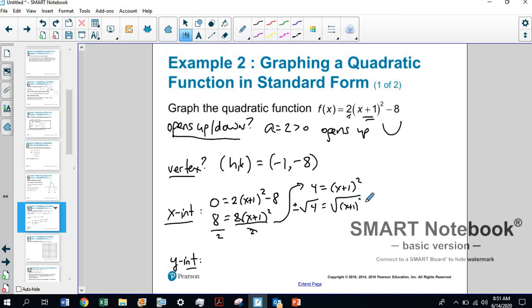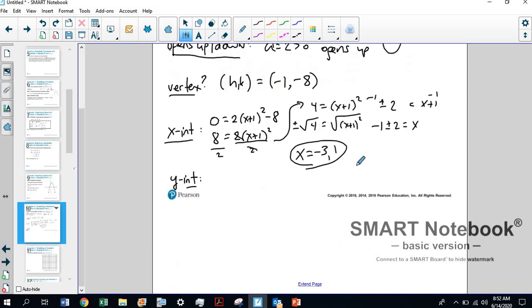Take the square root of (X plus 1) squared and get X plus 1. Take the square root of 4, you get plus or minus 2. And then once again, we're going to subtract 1 from both sides. We get negative 1 plus or minus 2 equals X. And so X will be negative 1 minus 2, which is negative 3, and negative 1 plus 2, which is positive 1. So your two x-intercepts then are negative 3, 0, and 1, 0.